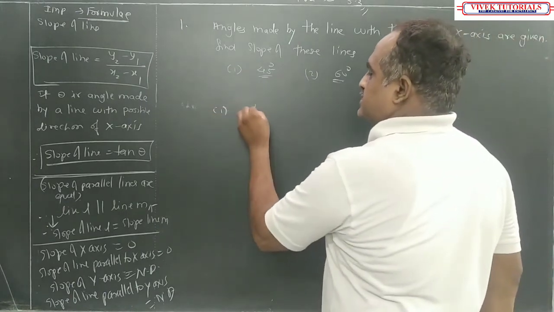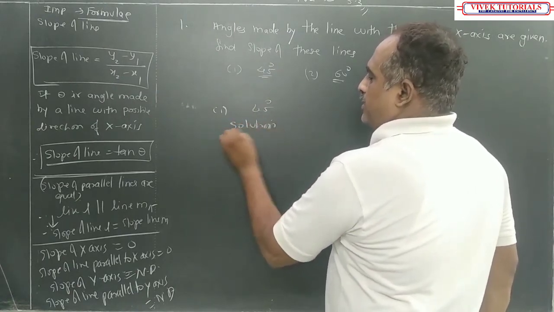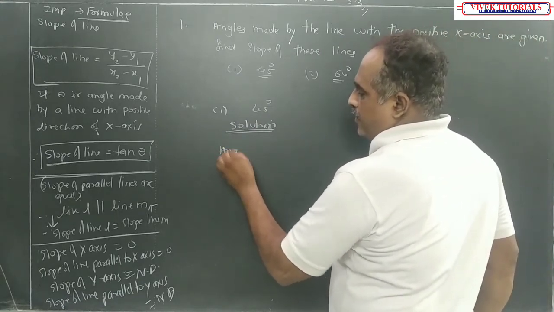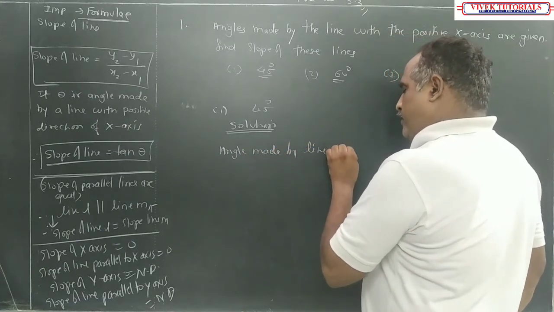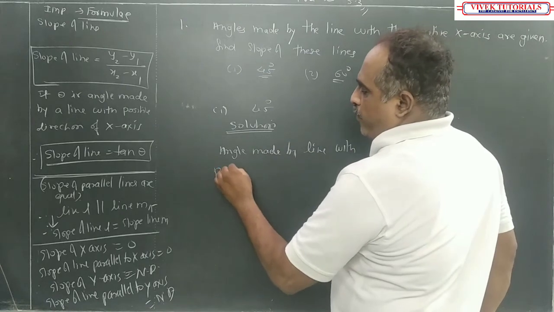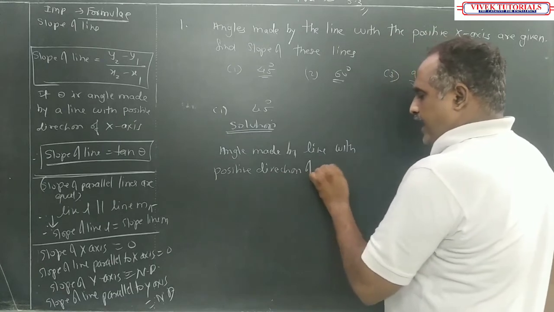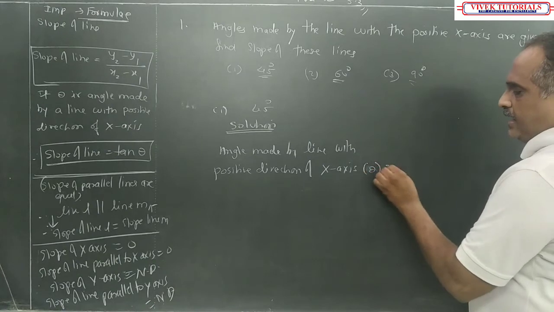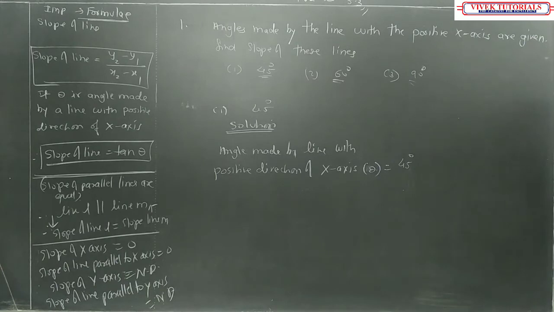So first is 45 degree. Solution: what you're going to write is, the angle made by line with positive direction of x-axis, theta is equal to 45 degree.